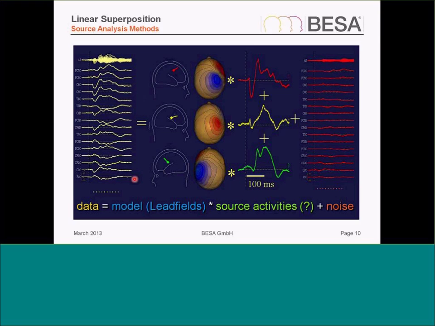And there's then some residue, so some data that I have not explained with my lead field times the source activities, and this can be partly measurement noise, partly brain activity in the background that I have not modeled. Yeah, and also errors in my head model can contribute to this residue.